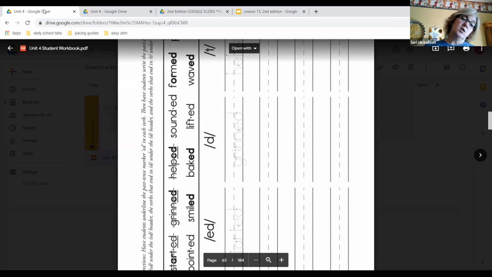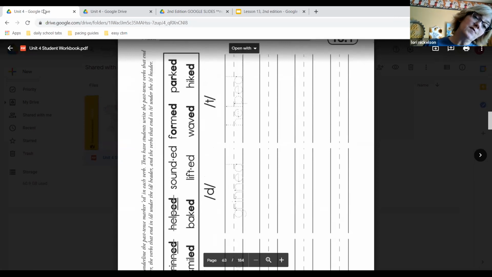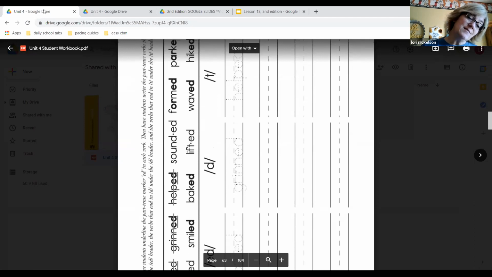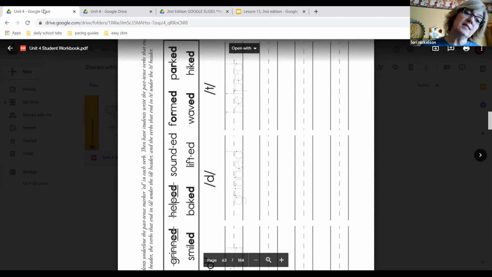Okay, so you have to underline the ED in each verb. That's the first thing you have to do. Secondly, have students write the past tense verbs that end in ED under the ED header, the verbs that end in D under the D header, and the verbs that end in T under the T header.